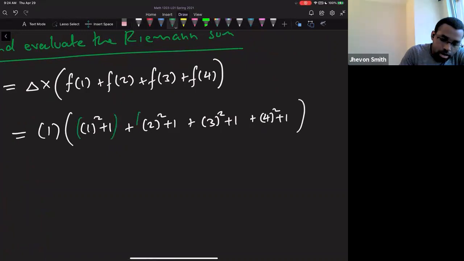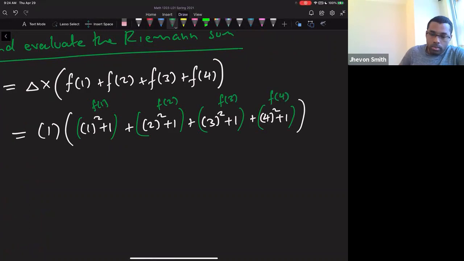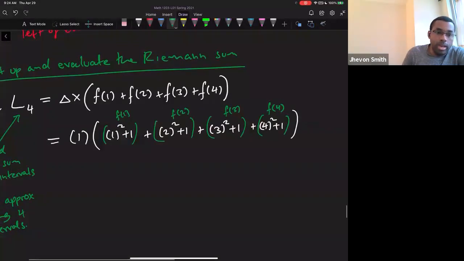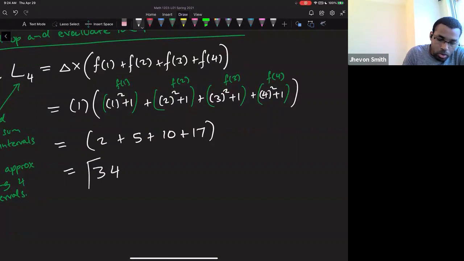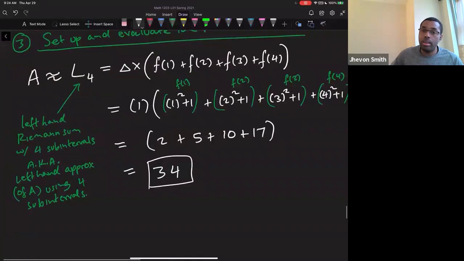So we're adding all our functions here evaluated. So this is f of 1, f of 2, f of 3, f of 4. Right? And now you add them up. So that would leave you with, well, 1 is on the outside, but then that's 2 plus 5 plus 10 plus 17. And that is 34. 34 square units is our approximation according to the left.